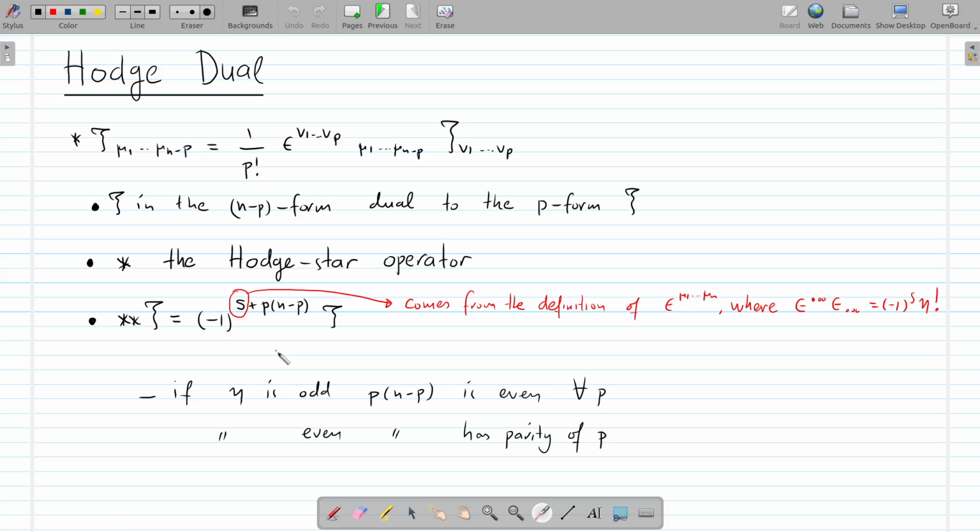So this sign comes, if you try to do the computation, from the fact that now when the epsilon tensors are contracted, we don't obtain n factorial as we did with the n form omega, but minus 1 to the s times n factorial.